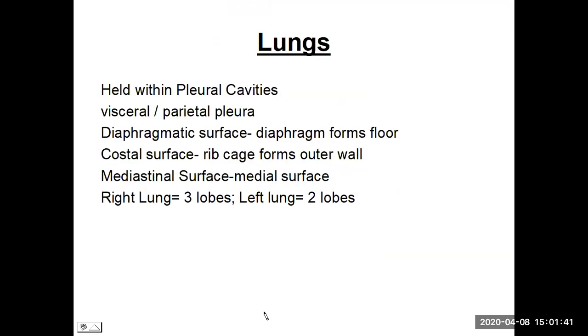So taking a look at the lungs themselves, they're found specifically within the pleural cavities, the lateral aspect of the thoracic cavity. Like organs we've discussed before, they have both a visceral membrane attached to the lung and a parietal membrane lining the pleural cavity.